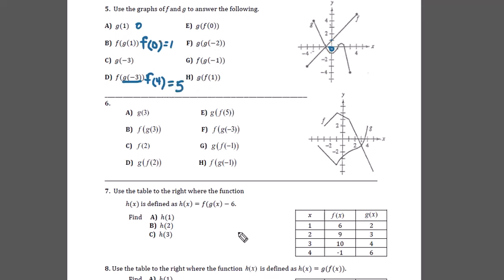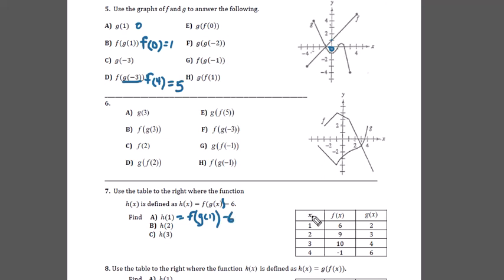Let's take a look at number 7. There should be a little parentheses right there. So you've got f of g of x minus 6, and that's defined as h of x. So you're making your x a 1 for part A. So it's essentially just asking you to go f of g of 1 minus 6.